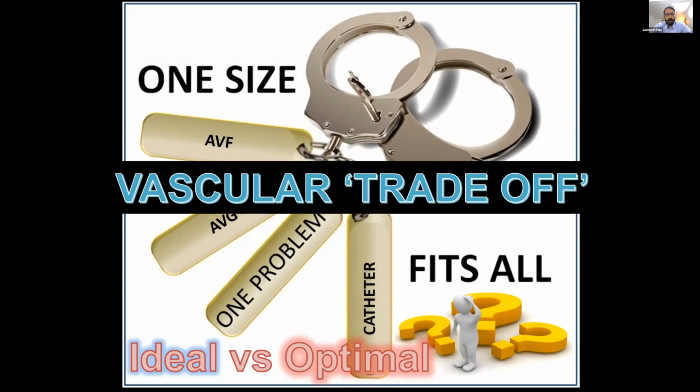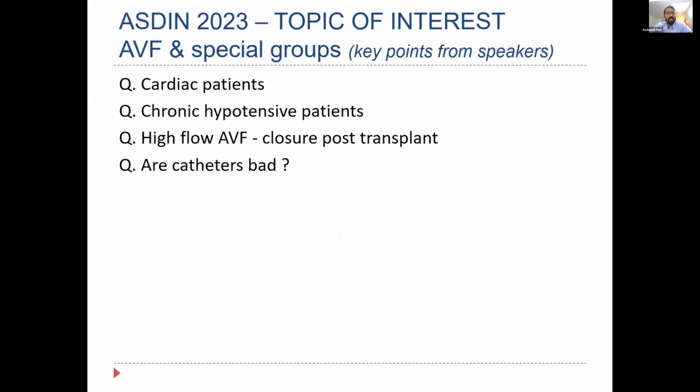And one particular risk that we all are aware of is that vascular access causes cardiac dysfunction, and that is something which has been of very much interest to me earlier also. Surprisingly, and I was just fortunate, this year they covered a lot on fistulas in special groups, especially cardiac patients and chronic hypertensive patients. And that's what I'm picking up, a few key points from the speakers.